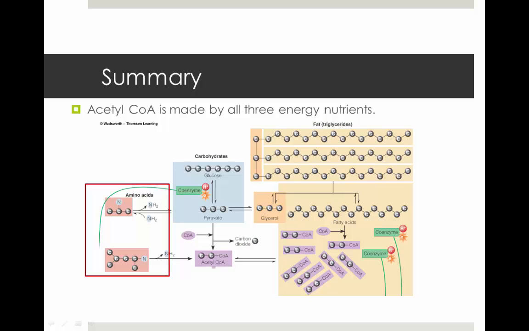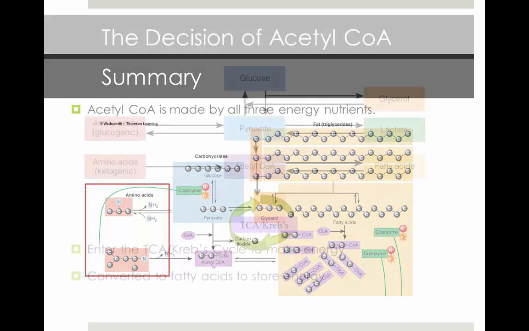Amino acids enter the pathway in various spots, but are largely converted into pyruvate or acetyl-CoA after going through deamination. If you notice, acetyl-CoA is at the center of all 3 macronutrients. All of carbohydrates, fats, and protein make acetyl-CoA.